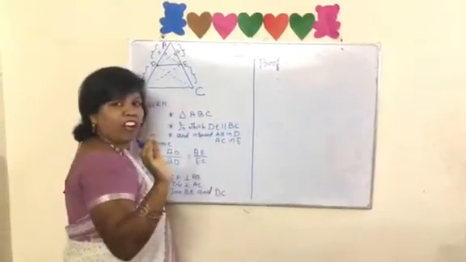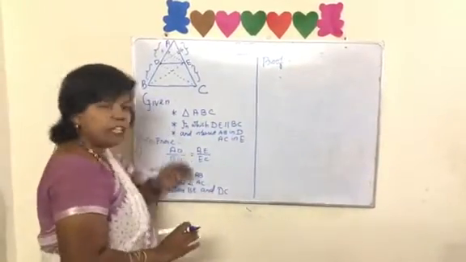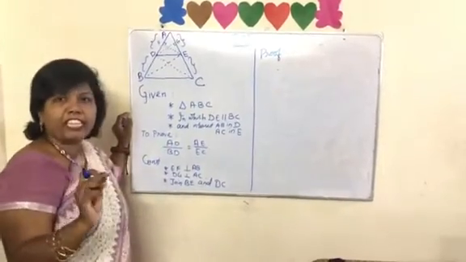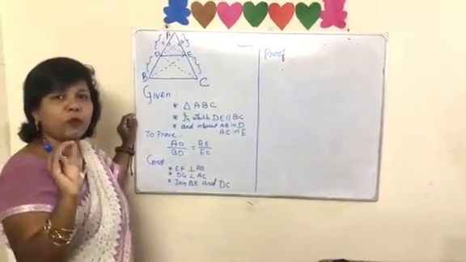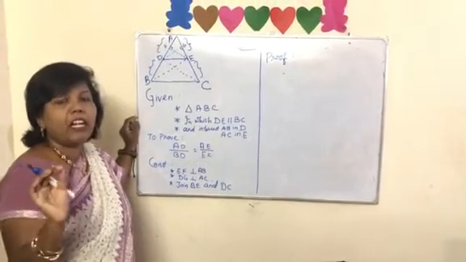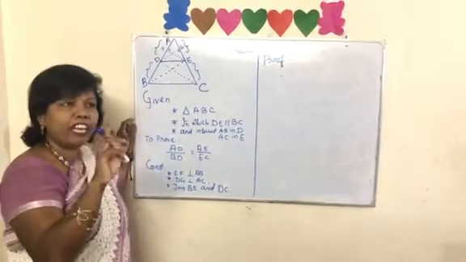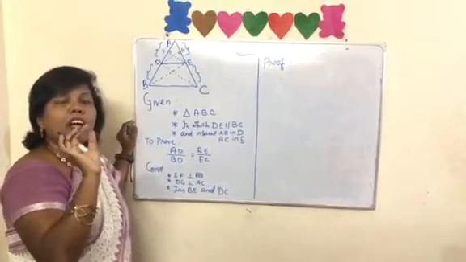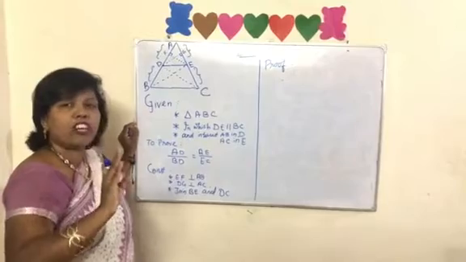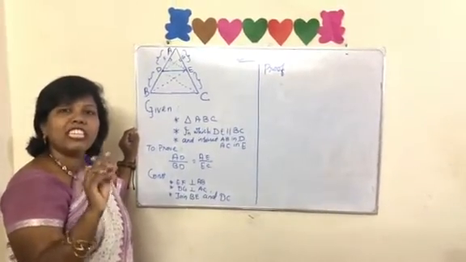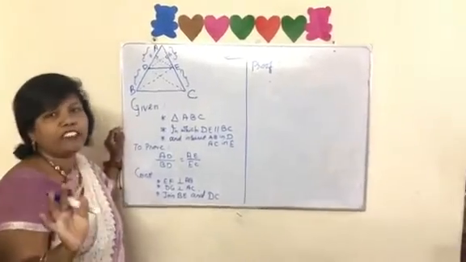If you know the formula for the area of a triangle, it's very simple, you can easily write it. The formula is half into base into height. The height should be like an L shape. Wherever the L shape is, it is a perpendicular line, and that is the height of the triangle.